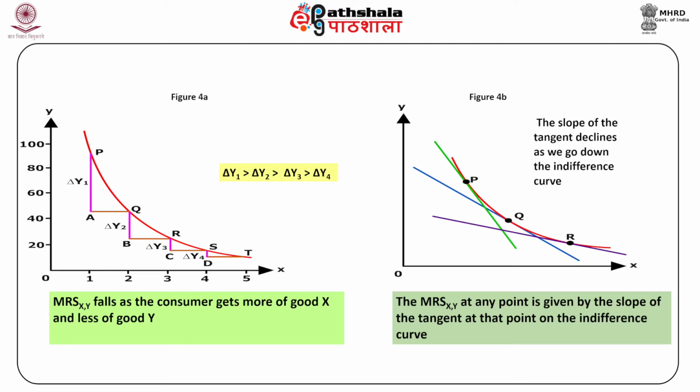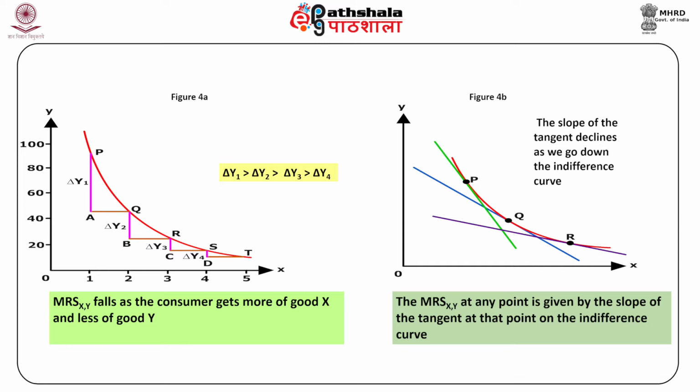Put differently, the marginal rate of substitution xy falls as the consumer gets more of good x and less of good y. The diminishing marginal rate of substitution xy can also be demonstrated by drawing tangents at different points on the same indifference curve. The marginal rate of substitution xy at any point is given by the slope of the tangent at that point on the indifference curve.